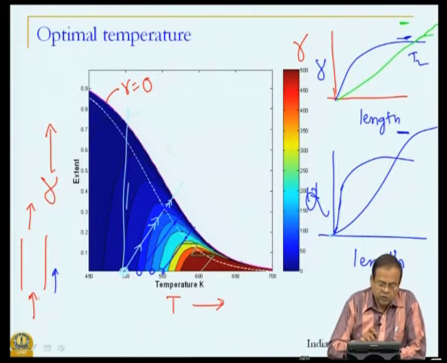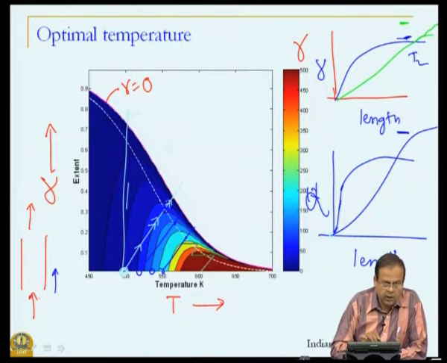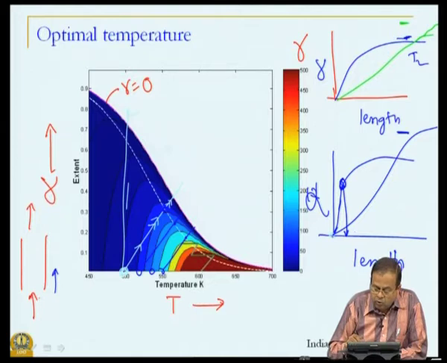What is happening as we are traveling along this adiabatic line? Initially at least the temperature is increasing, so the rate of reaction is increasing, but if you cross this particular point, let us say that point was over here.